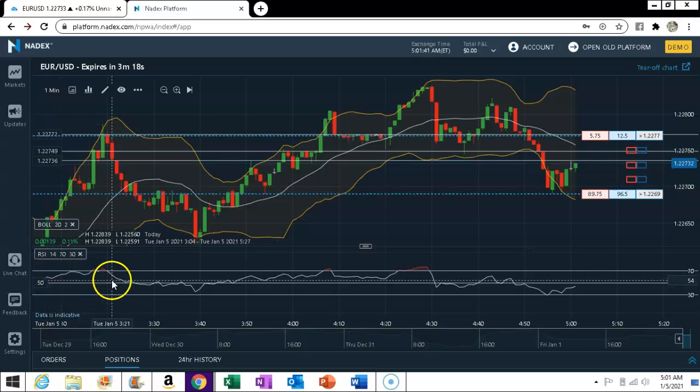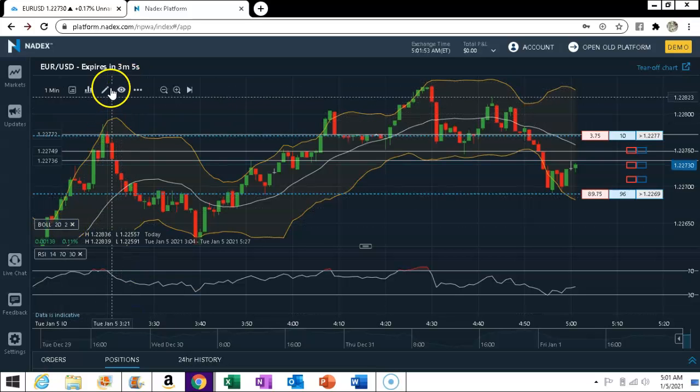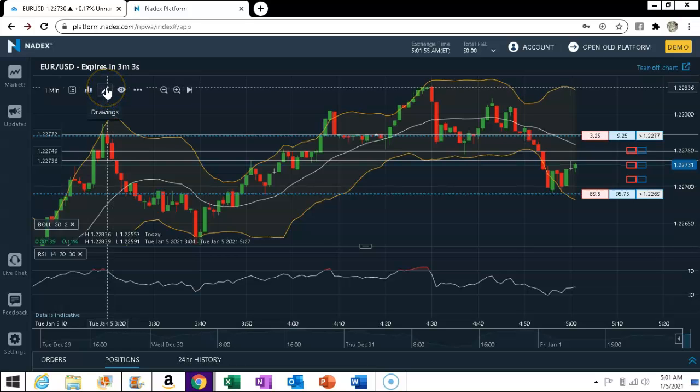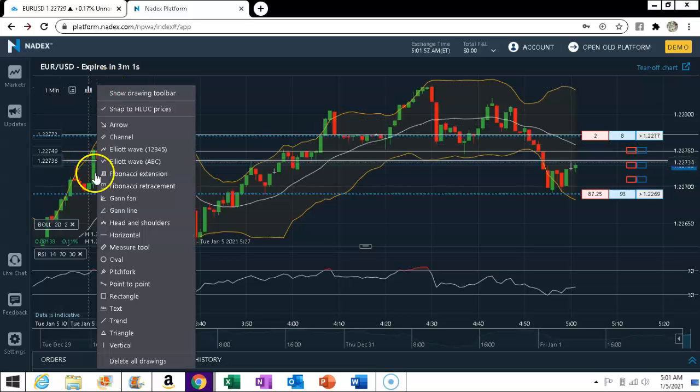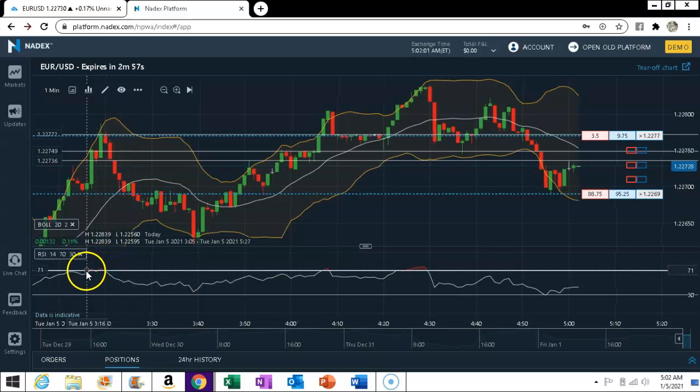So when you click for the RSI, you're not going to have this 50 period moving average on here, or this horizontal line for 50. Where I got that from is you go to your drawing tool and you click horizontal, and then you just drag it down, and you see this number here on the side.